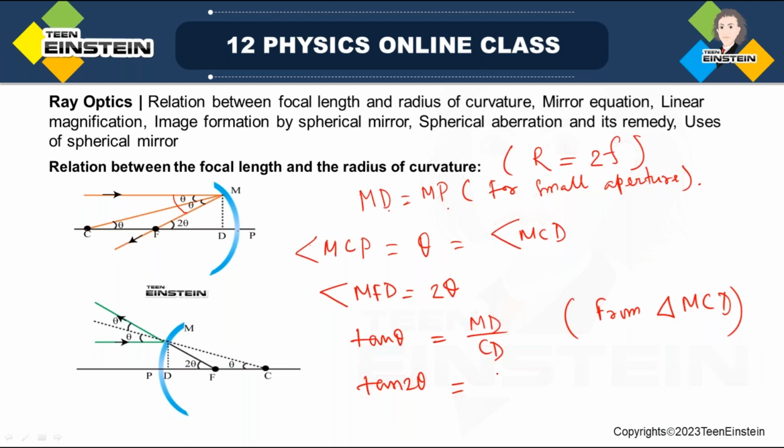Tan 2 theta could be written as MD by FD, right? This is from triangle MFD. So we have got these two things.